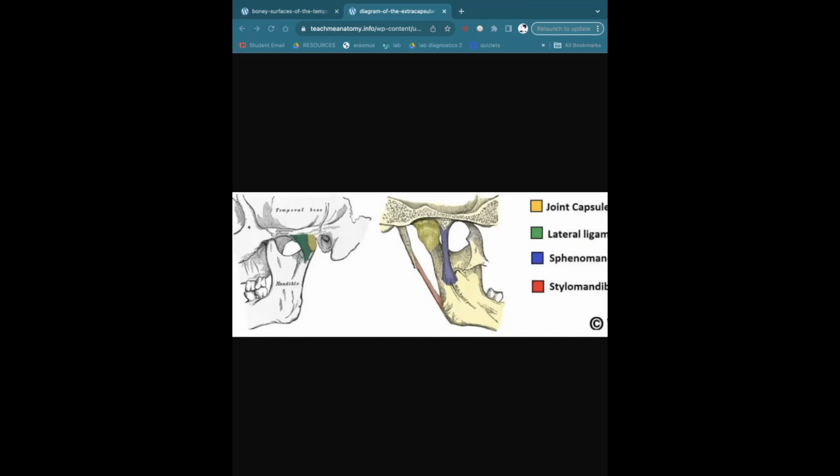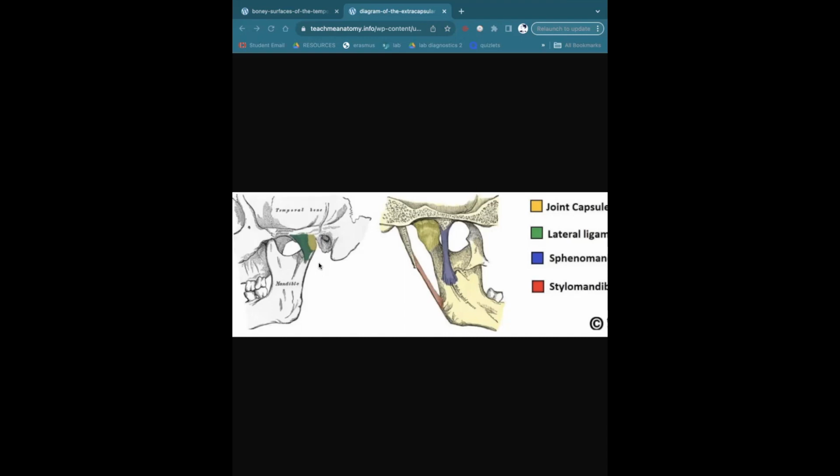It is a thickening of the joint capsule and acts to prevent posterior dislocation of the joint. So for example, if someone punched your jaw and your jaw is pushed this way, the lateral ligament here prevents it from going back. You know what I mean?